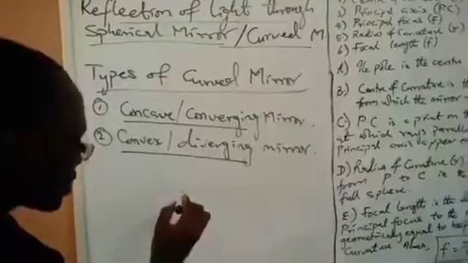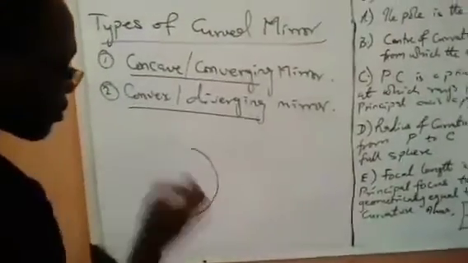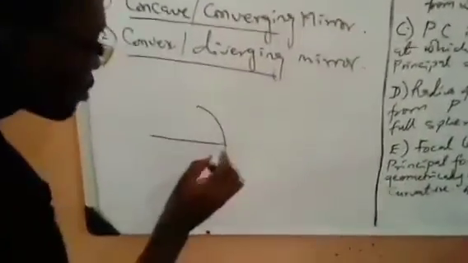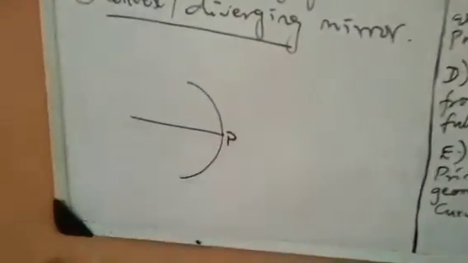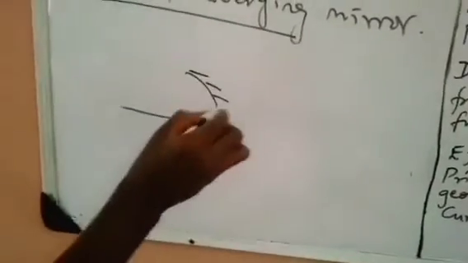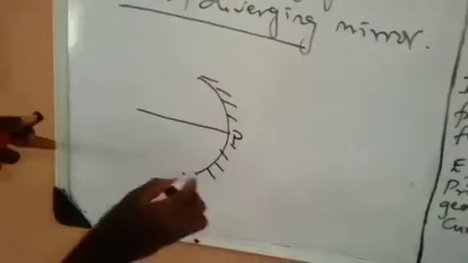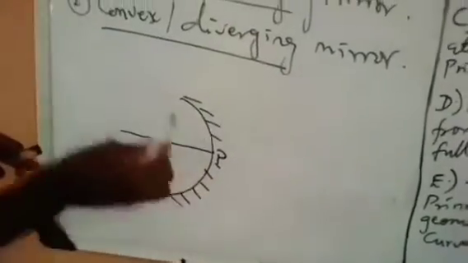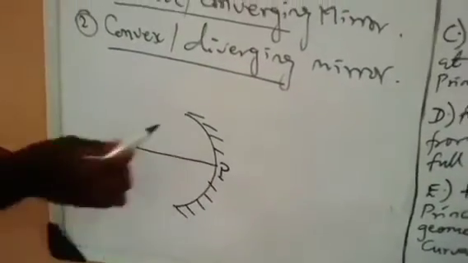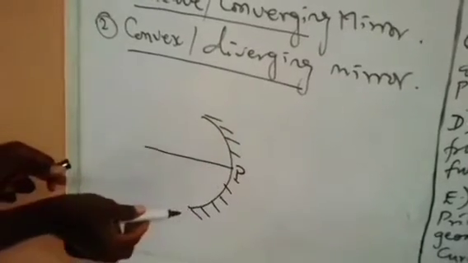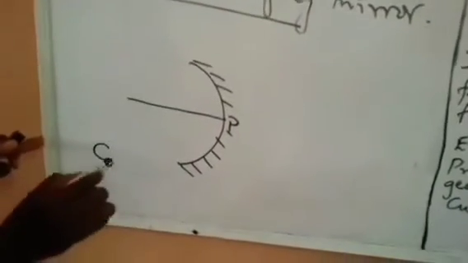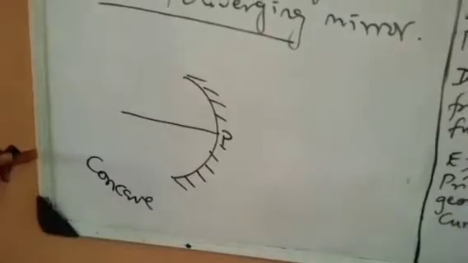Now, if I use this sphere, I draw something like this and put my principal axis, I call this place my pole. And then if I shade the outer part, whenever a spherical mirror has the outer surface shaded, leaving the inner surface to be the reflecting surface, the mirror is known as the concave mirror.